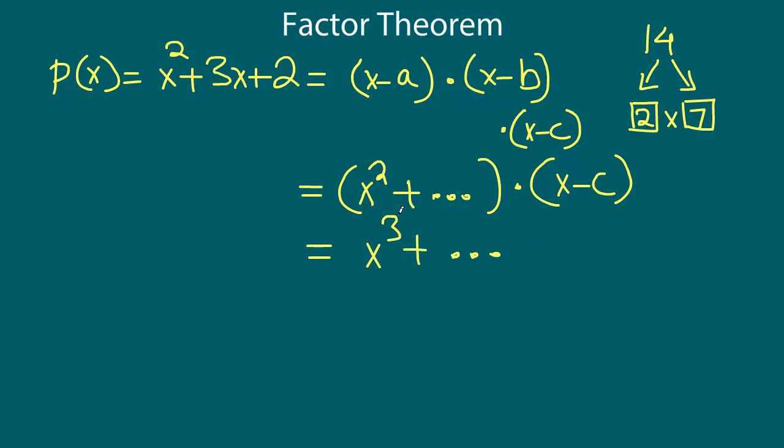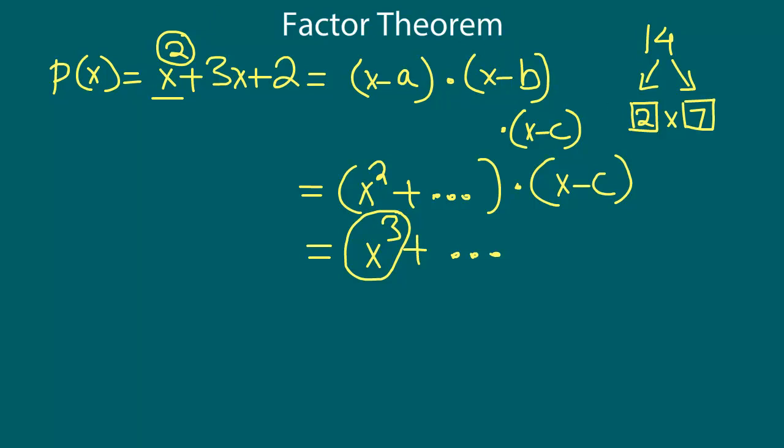So the degree of the resultant polynomial would be 3. But we are given that the degree is 2. It cannot be 3. That means there can be only 2 linear polynomials.